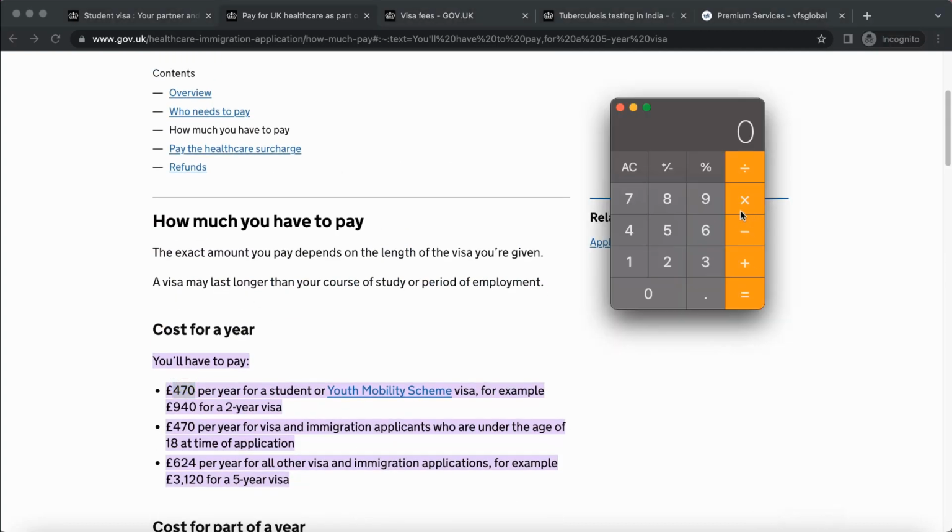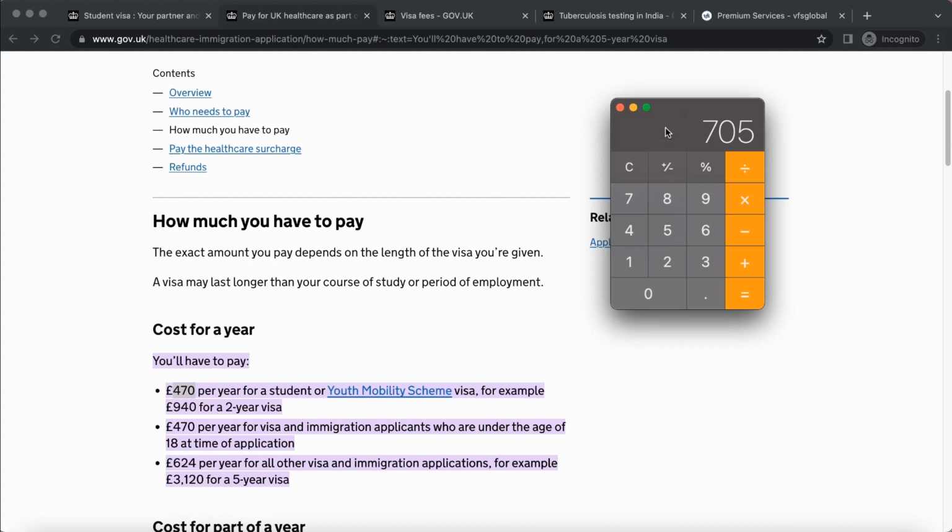If we do it for 1.5 times, 470 into 1.5 is equal to 705. So 705 pounds is how much we had to pay individually for both of us. For the students, it's completely separate. For the dependents, it's 705 pounds, which roughly amounts to 70,000 rupees in Indian National Rupee INR conversion.